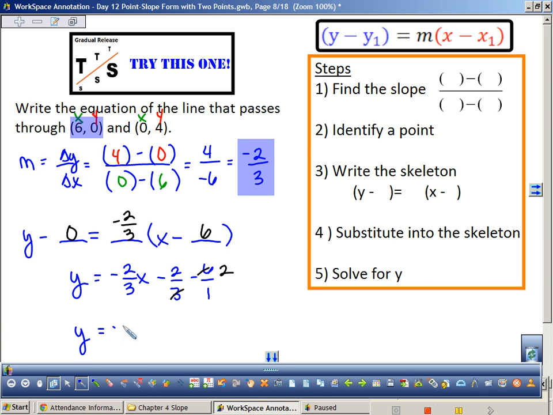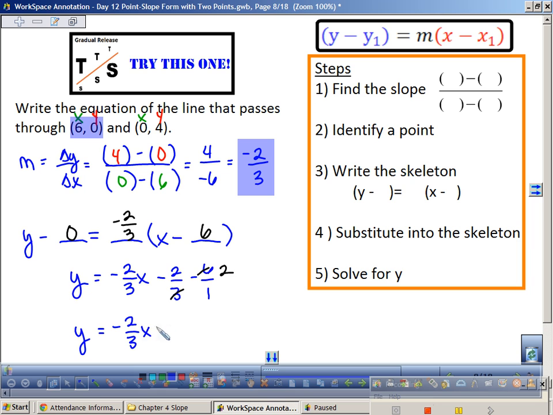Y equals negative 2/3 x. What do you think, Alex? Plus 4. Good job. A negative 2 and a negative 2 is a positive 4. Right? We multiplied these two.